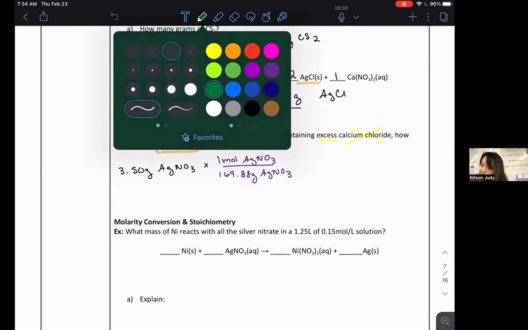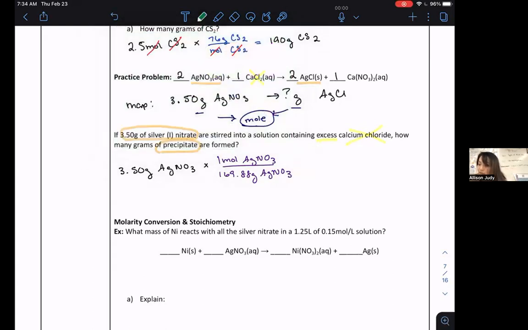Once I'm in moles of AgNO3, I need to convert between AgNO3 and the new substance AgCl, because once I've gotten to moles, moles unlocks the door for me to use my molar ratios revealed in my balanced chemical reaction. So I'm going to use 2 and 2: for every 2 AgCl, I have 2 AgNO3.